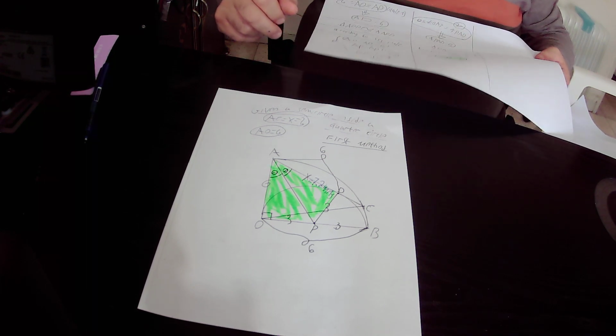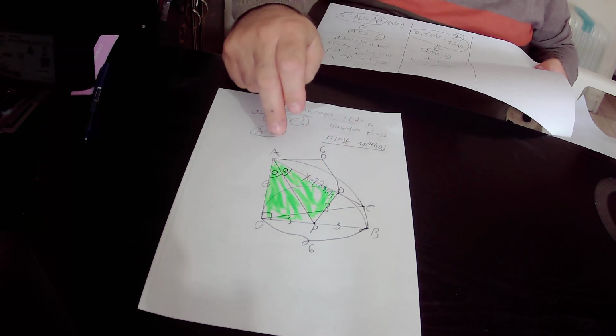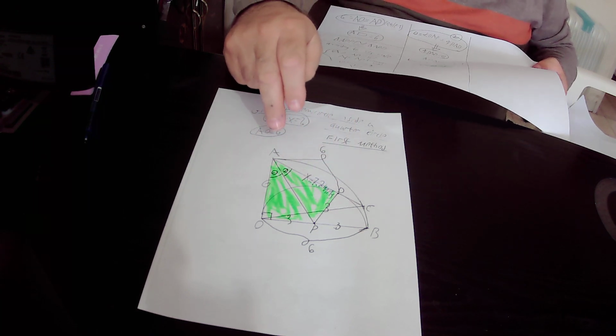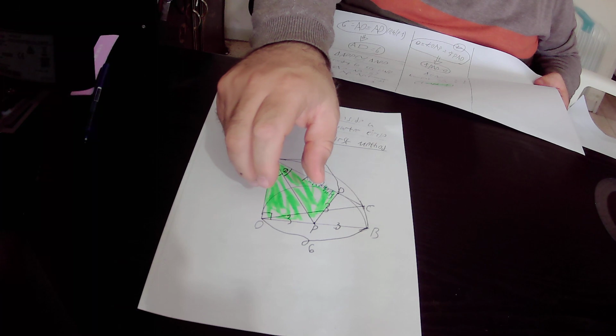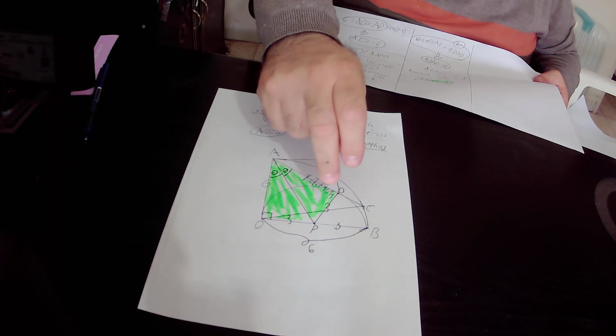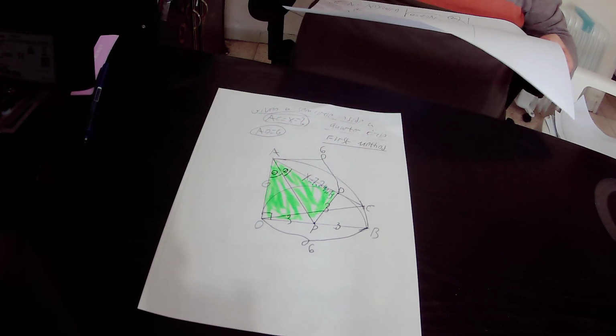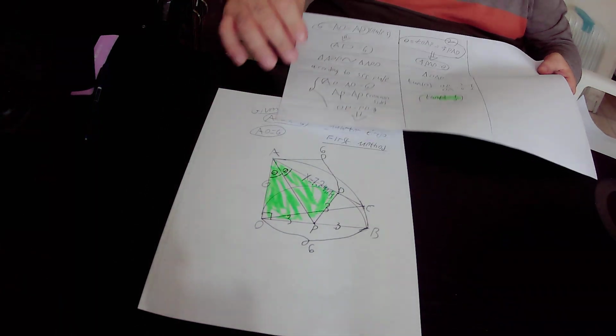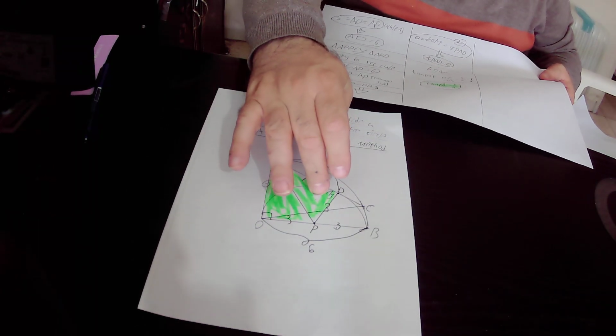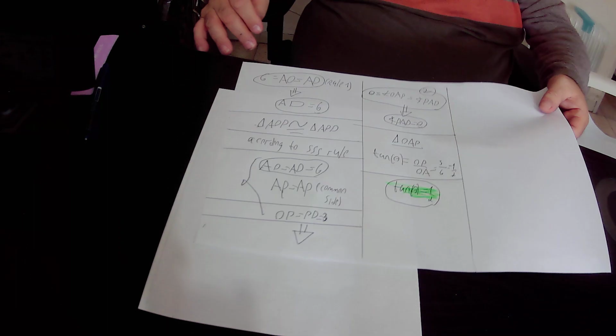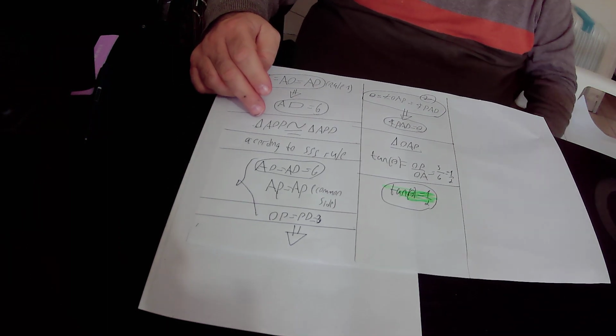And side AP is the common side that belongs to both triangles, so AP equals itself. And here OP equals PD equals 3 units. It is the radius of the semicircle, so all the sides of triangle AOP are equal to all the sides of triangle APD. Therefore, those two triangles are congruent according to the side rule.